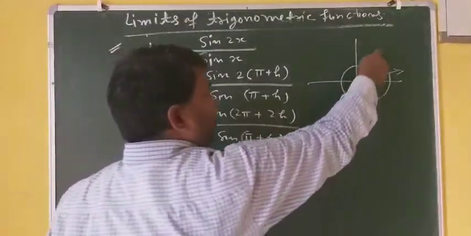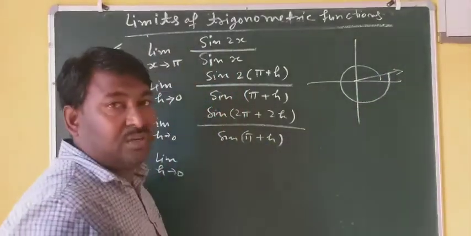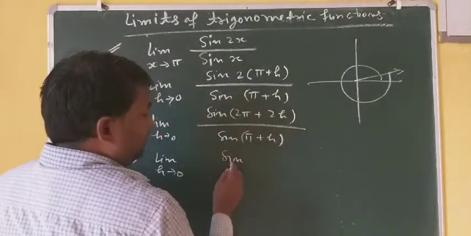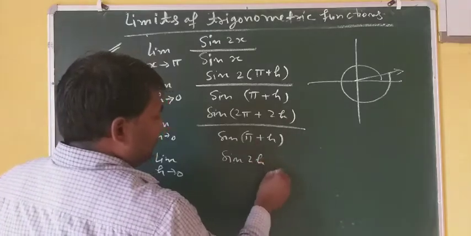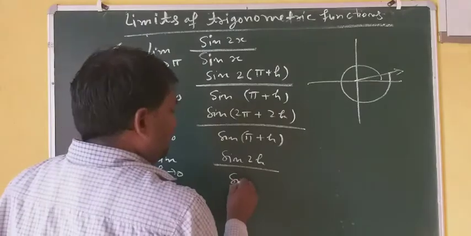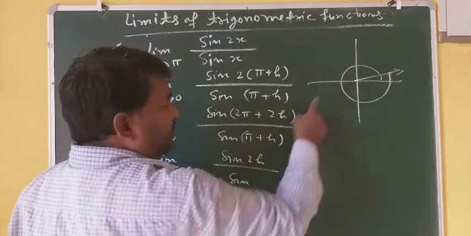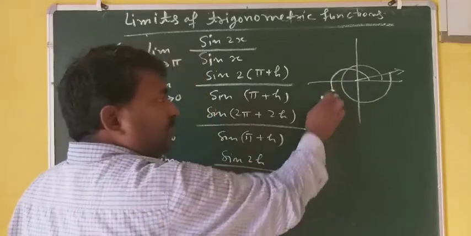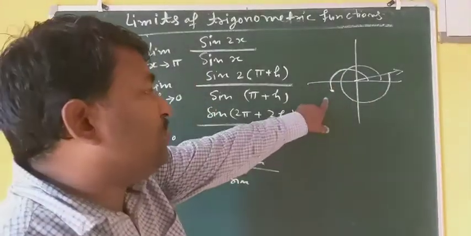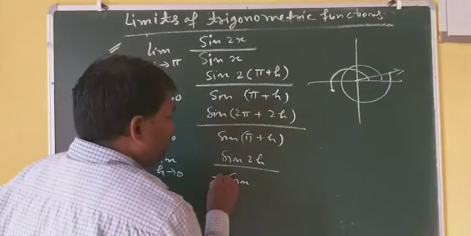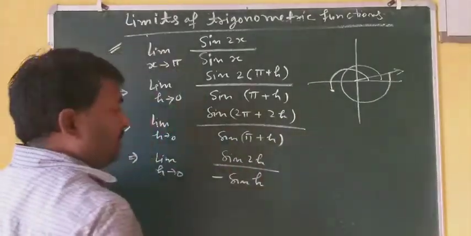In the first quadrant all trigonometric ratios are positive, so this will be positive. So it will come sin 2h divided by sin of pi plus h. Pi till here, something more, in the third quadrant. I have told you in the third quadrant tan and cot are positive, so the sign will become negative. So minus sin h, right?